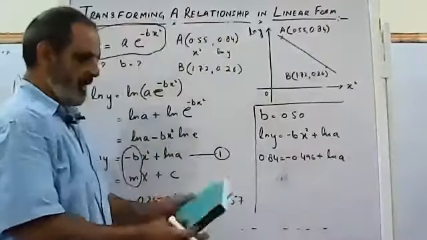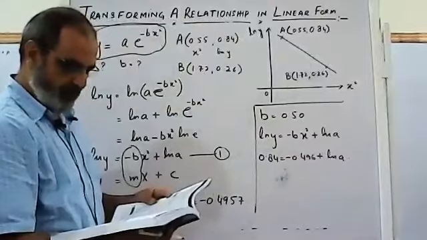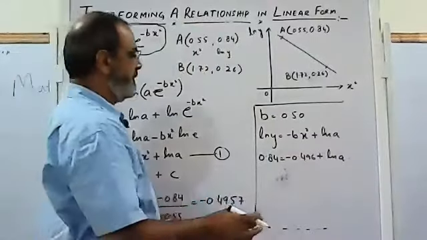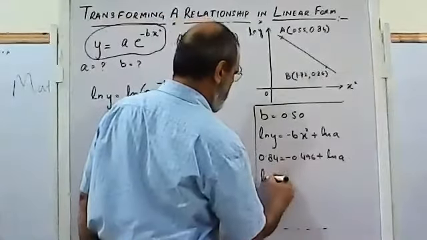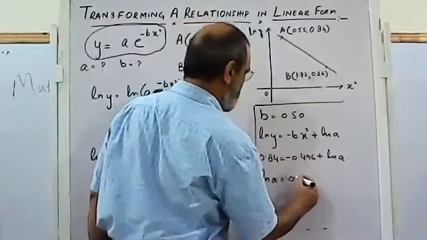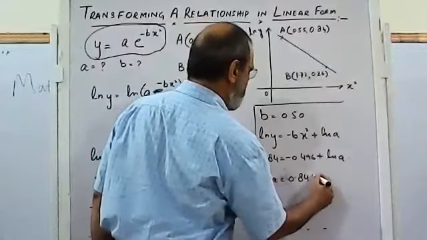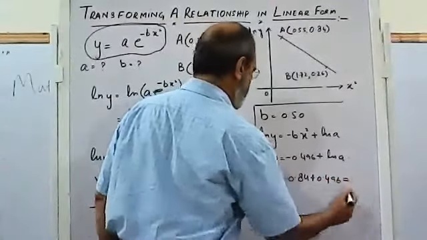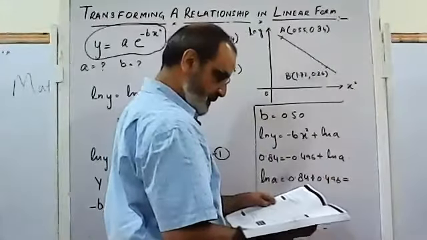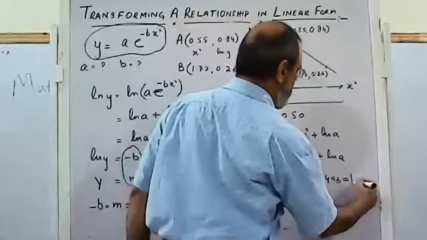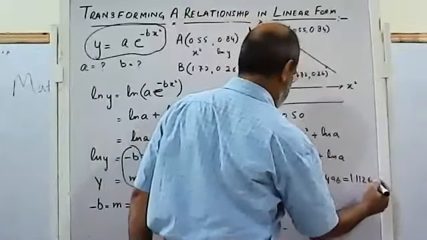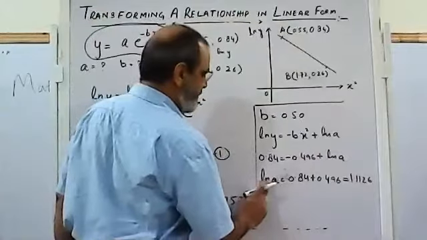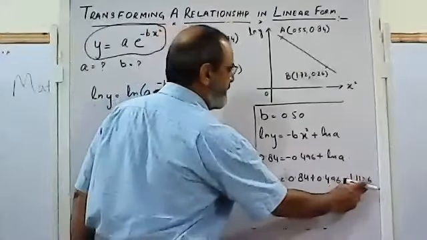So from here I can find the value of a. So ln of a is equal to 0.84 plus 0.496, that is 1.1126.